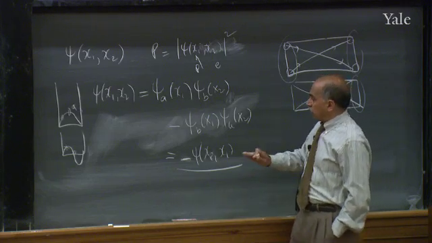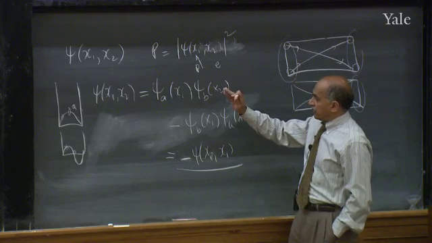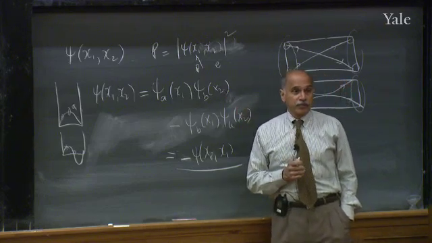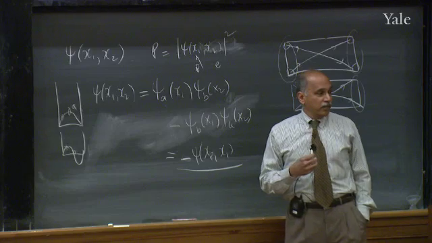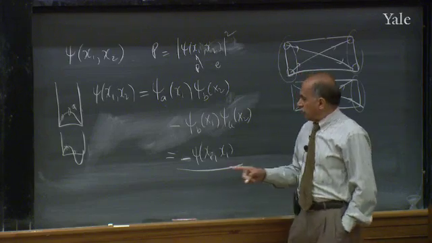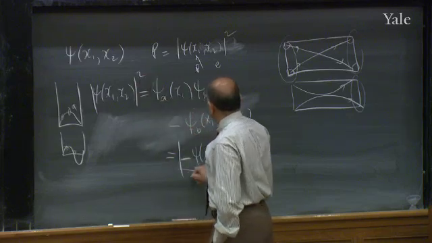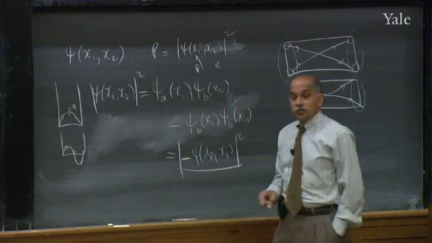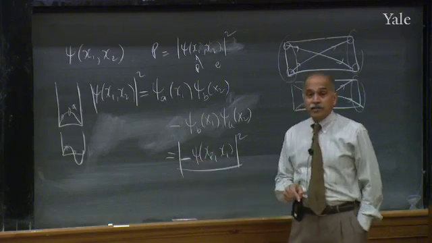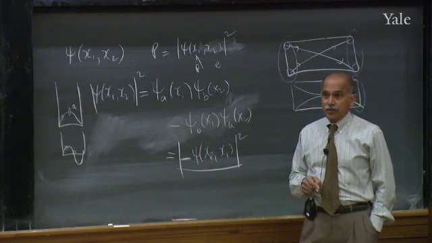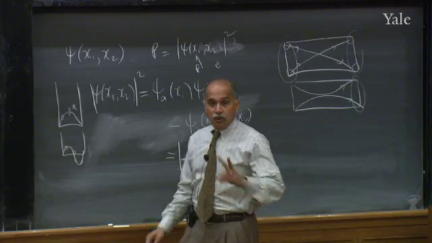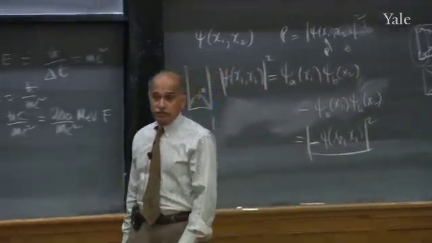But remember, the physical quantities are not given by psi, but by the square of psi. The probabilities are psi square. So even with the minus sign, the probability for x1, x2 here is also the same as the probability for x2, x1 here, because when you find the absolute value, the minus sign goes away. So in quantum mechanics, there are two options for identical particles.